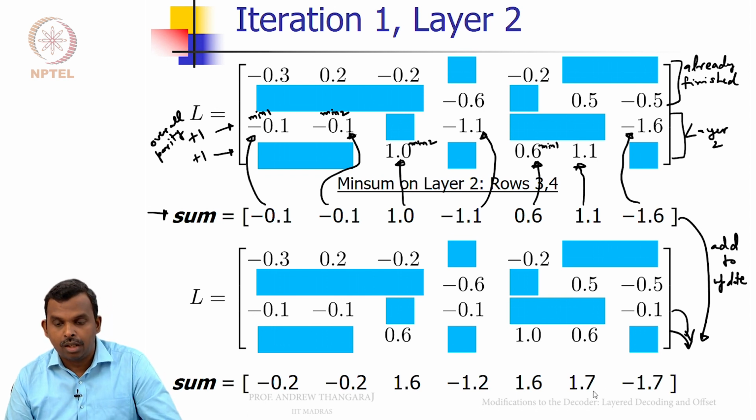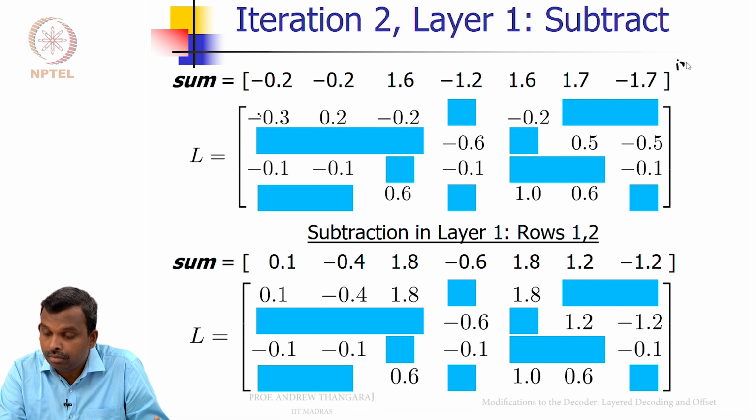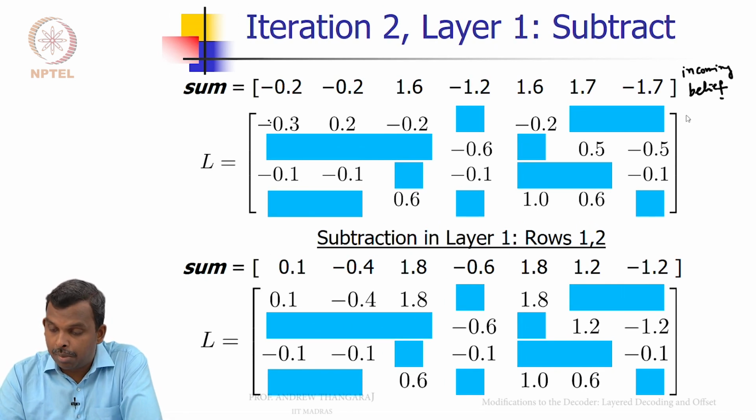Alright. So, this is iteration 2, layer 1. The first step is what I call subtract. You always have to subtract. This is the incoming belief. And remember, I want to process these two layers, these two rows. So, this is layer 1.